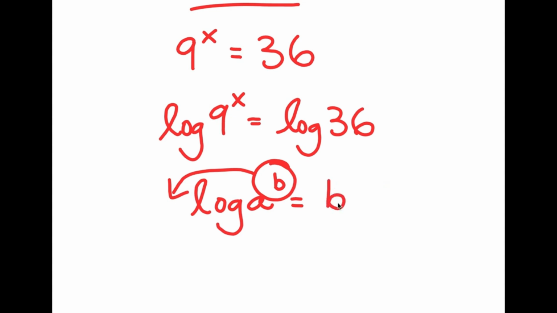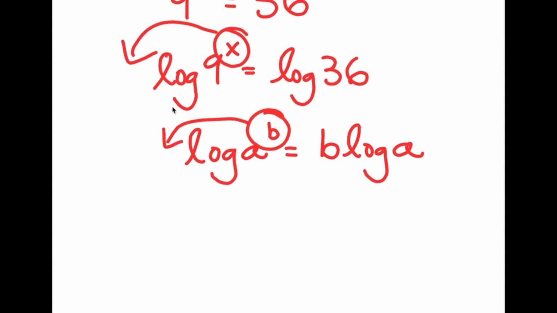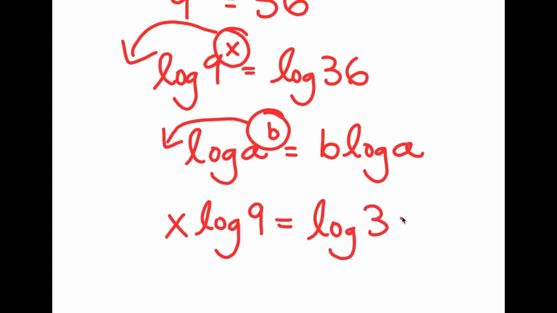So this is going to equal b times log a. In this case, I have log 9 to the power of x, and I can move x to the front. So this is going to get me x times log 9 is equal to log 36.